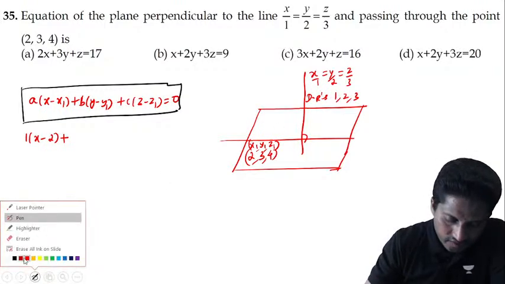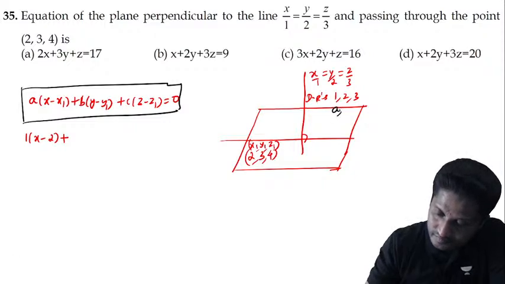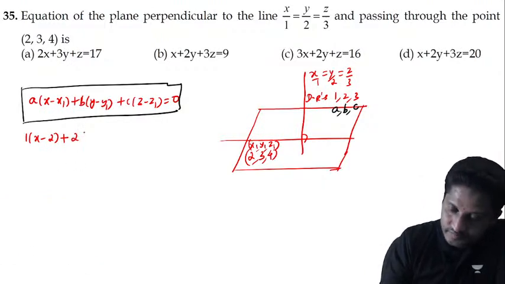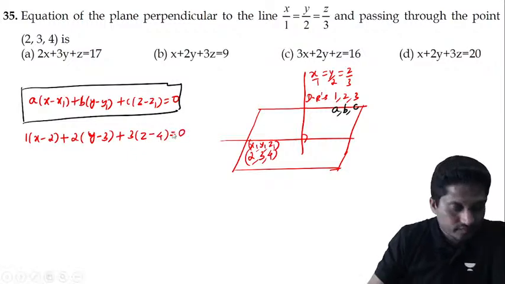These fellows are a, b, c. A into x minus x1, b into y minus y1, y minus y1 is 3, plus c is 3 into z minus z1, 4, is equal to 0.